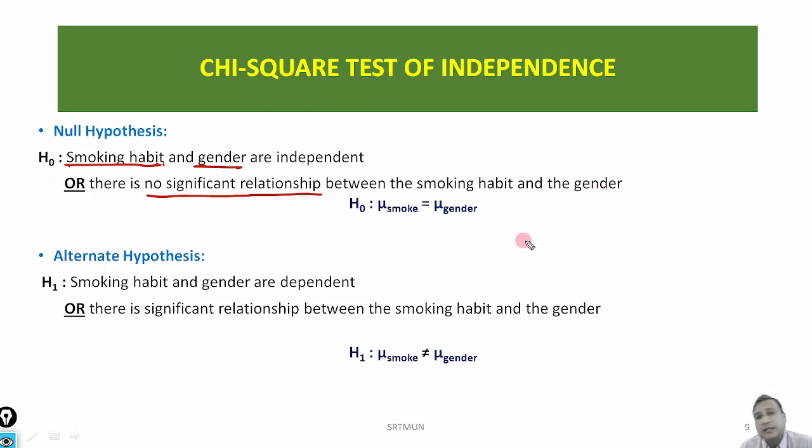Now symbolically, if we try to present this, the null hypothesis is mu smoke equal to mu gender. But here is one problem. When we are performing a non-parametric test, we usually don't consider the mean.